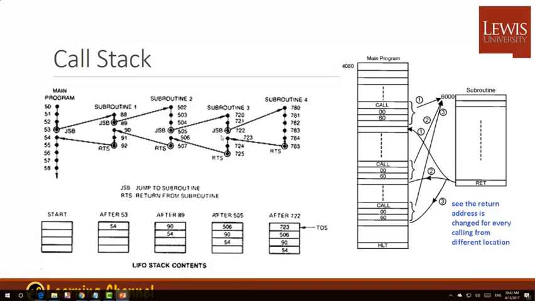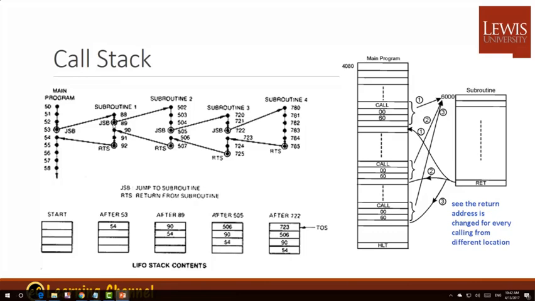723. This 723 is usually called the return address of subroutine 3. And then we go to 725 and go to the return address 505. The return address is usually stored in your call frame. So when we call 53, we push the return address onto the stack.